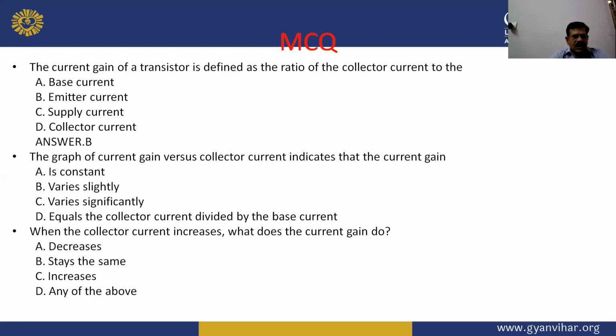Here the correct answer is option B, the emitter current, because the gain of the transistor is the ratio of the collector current to the emitter current.